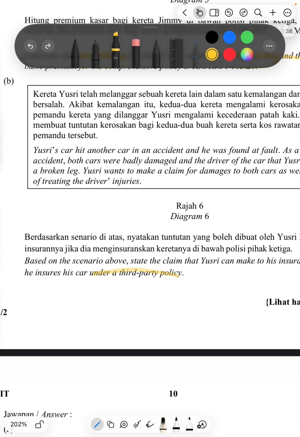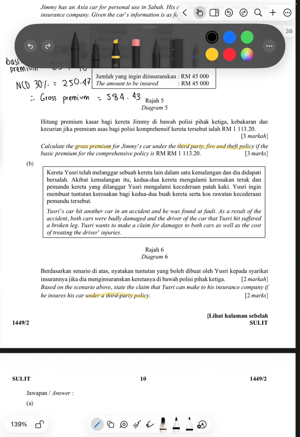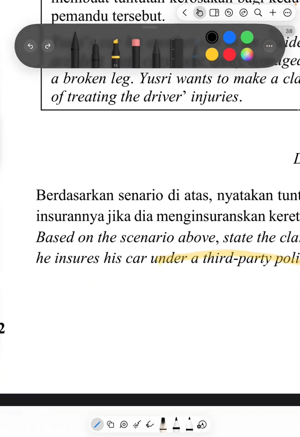So he wants to make a claim under a third party policy. So the coverage, he can make a claim for loss of property suffered by third party, liability to third party due to injury and death. It's 2 marks, so just list both of them.